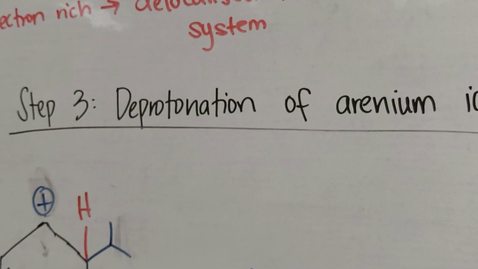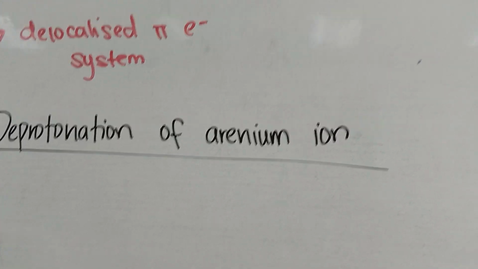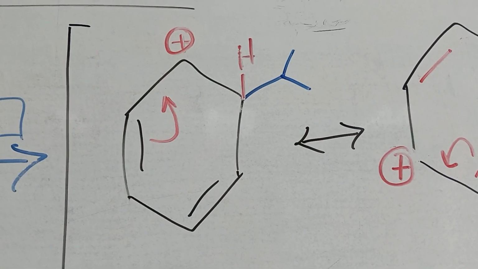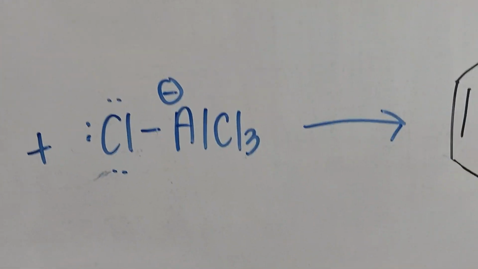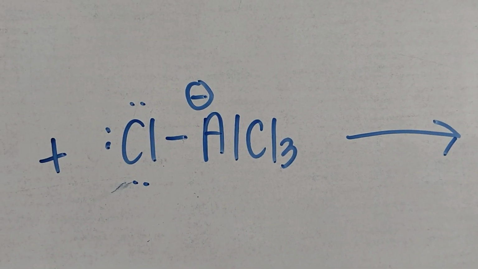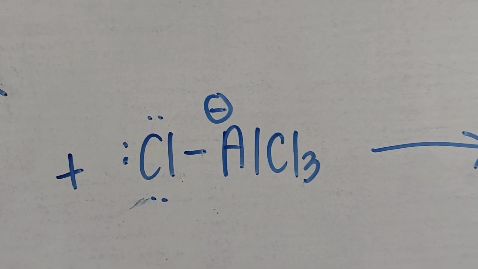For the third step, it is the deprotonation of the arenium ion. Copy back the first structure from your arenium ion to make your life much easier, like so. Again, just like their previous counterpart, this compound wants to seek revenge.